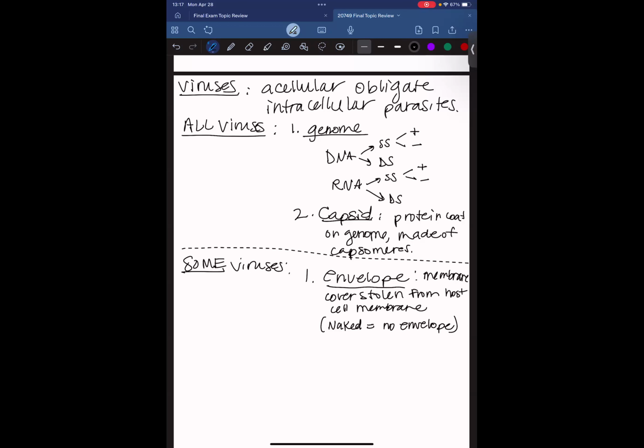So, poliovirus. Poliovirus is a virus that is a naked virus. It does not have an envelope. So I had a student in my previous section ask me, well, the ones that don't have an envelope must be easier to get rid of. And that is incorrect. The problem with enveloped viruses is that they actually require that they have the envelope. And that means they have a membrane structure around their surface.